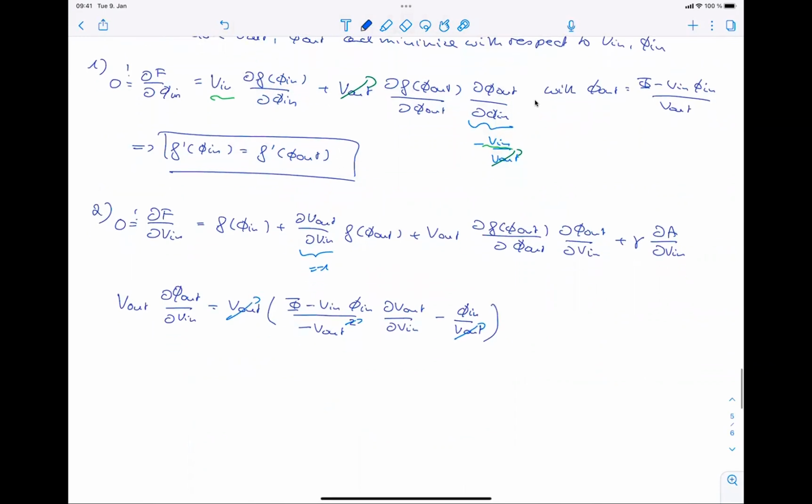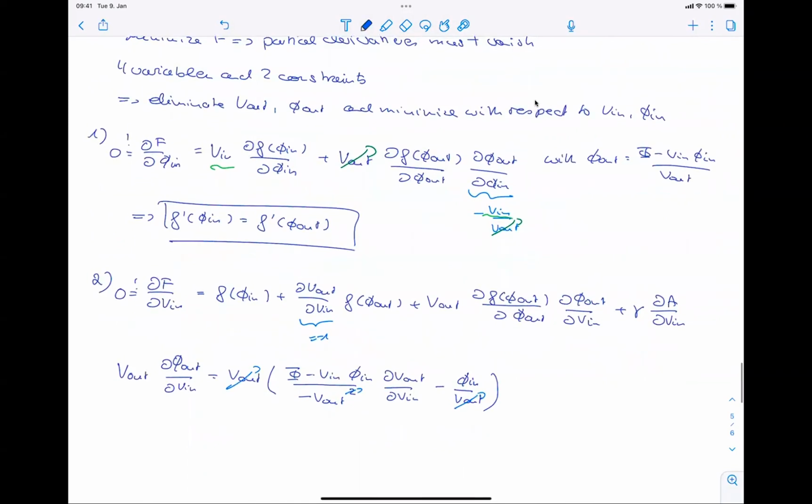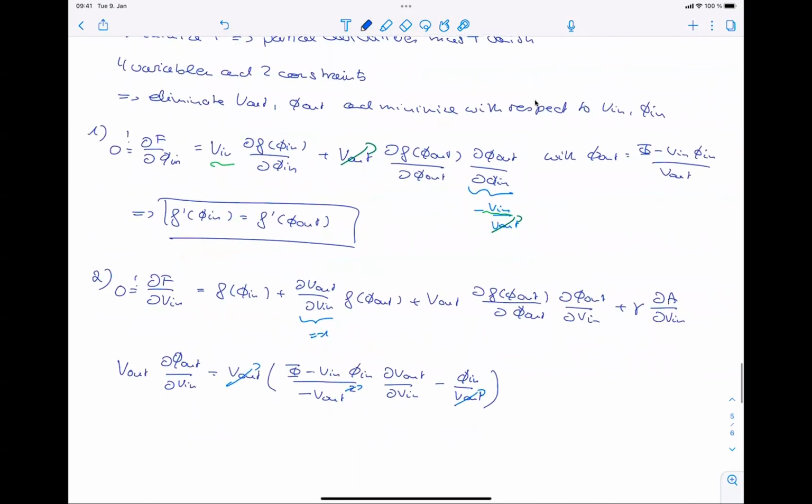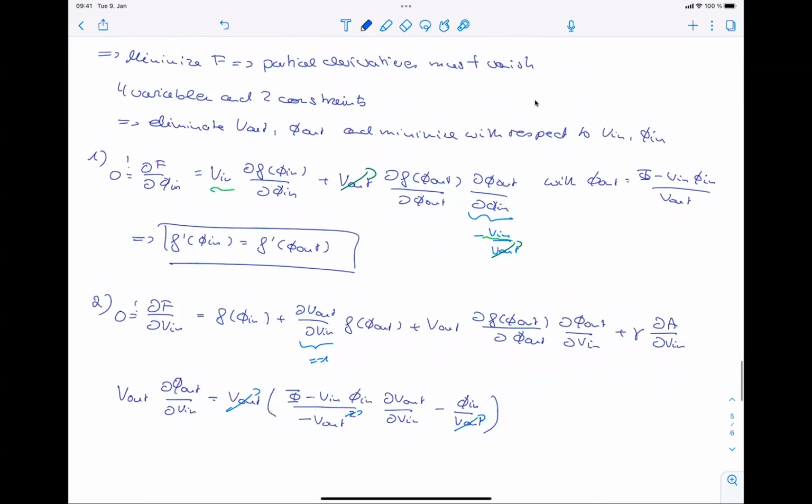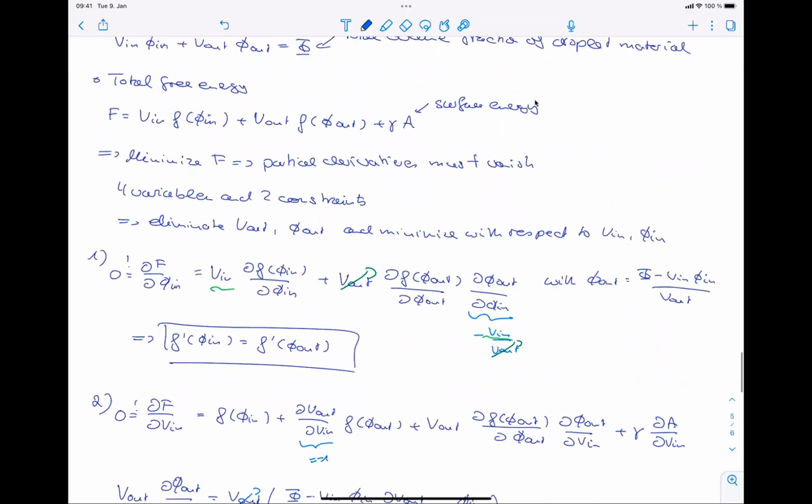Okay, then we notice that here we have phi total minus V_in phi_in divided by V_out, and the volume outside is just the volume fraction outside.